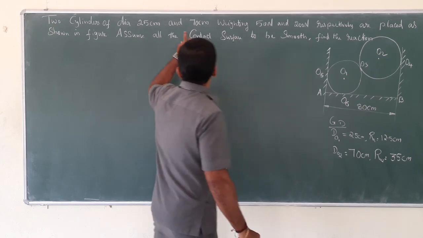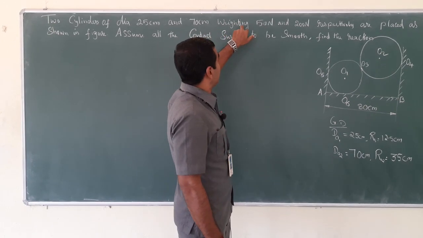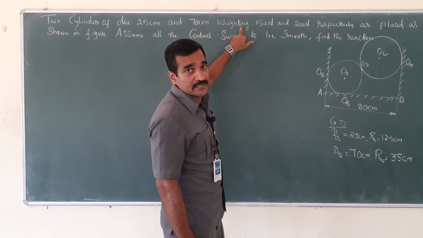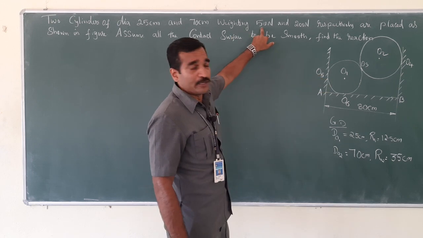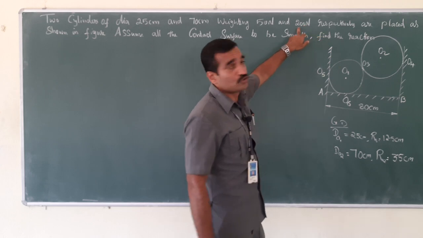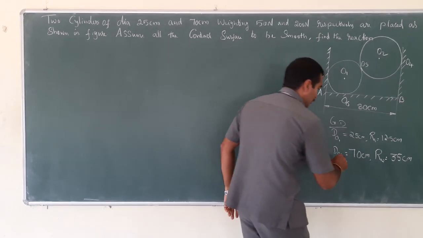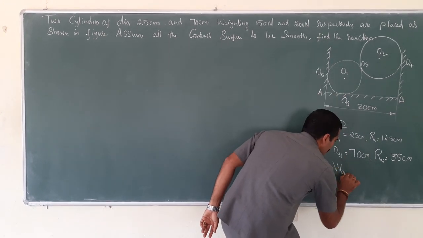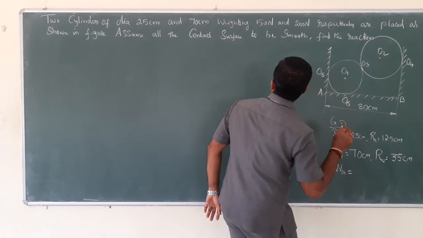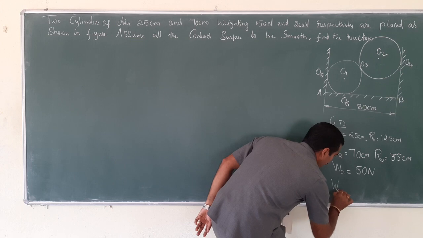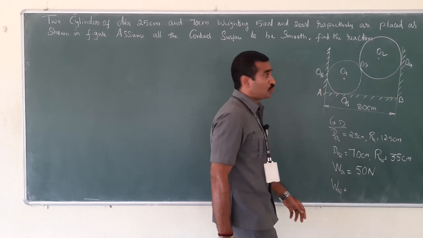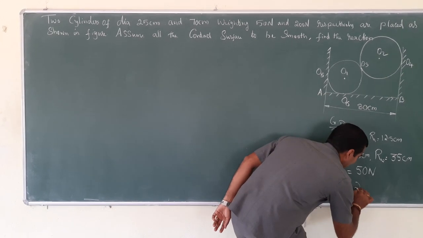So look here, it specifies that cylinder O1 is weighing 50 Newton and O2 is of 200 Newton weight. So WO1 equal to 50 Newton, WO2 is 200 Newton.